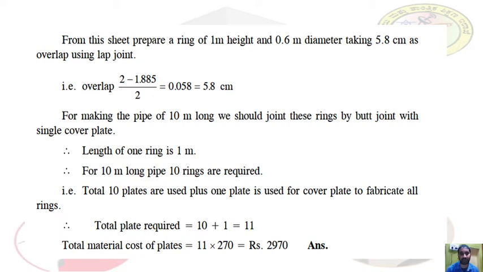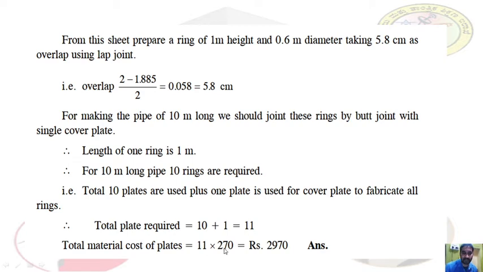Now we have to join those pipes, and for that we don't have any extra material, since we have a fixed size of material. So we take one extra plate, cut it, and use it as a cover plate to join these 10 rings. So total 11 plates are required: 10 for making the 10 meter long pipe, and 1 for making the cover plate.